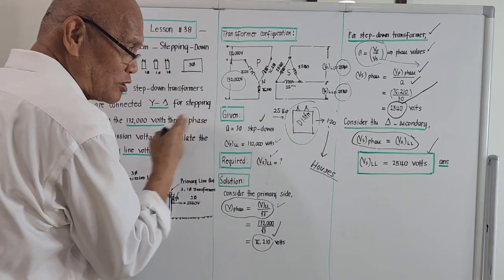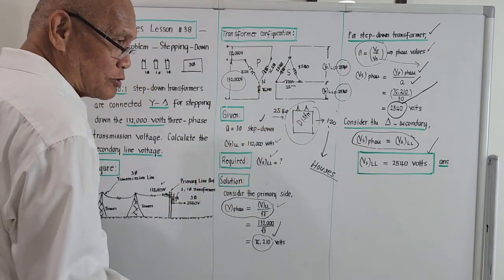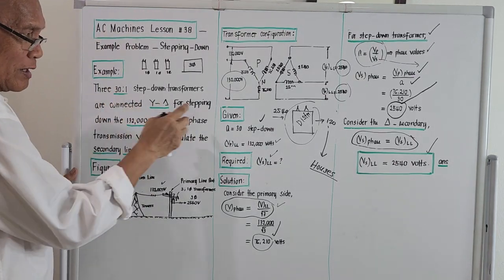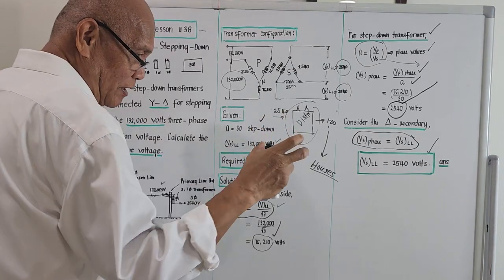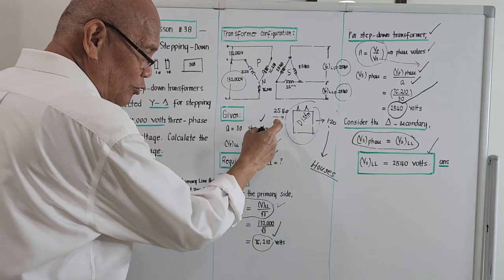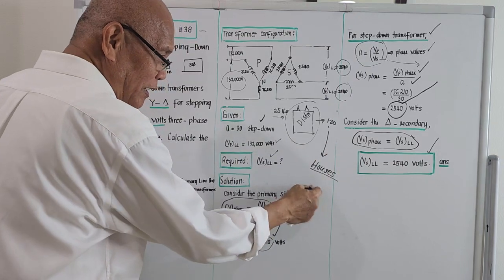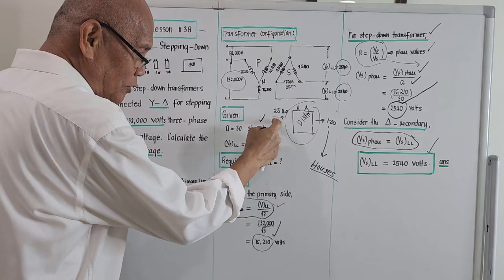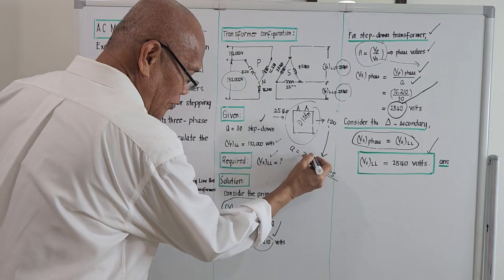So we transform this 132,000 to a value of 2540 by using step-down transformers with the ratio 30. We reduce this 132,000, it became 2540. And the rating of the primary and the secondary transformer now will be 2540 and the output will be 120, the one that goes to our houses. And the ratio of transformation, if you try to wind it, will be A equal to 21.